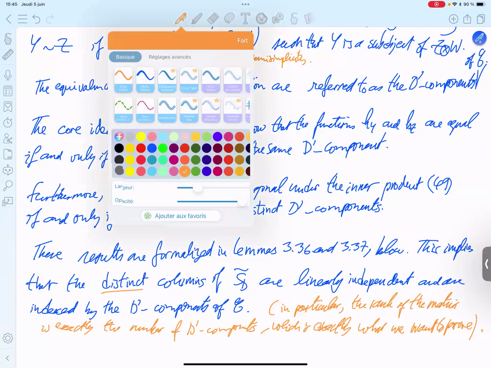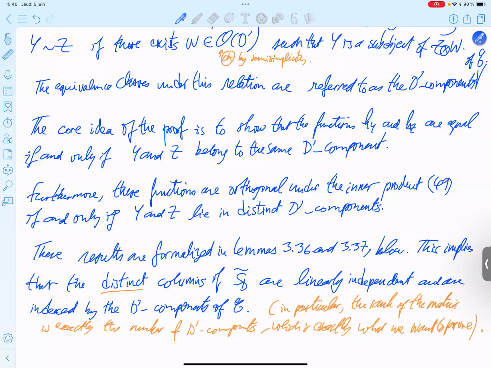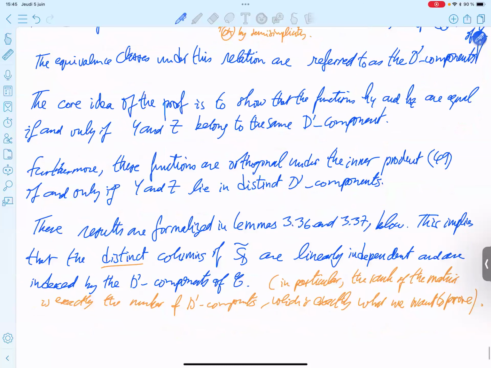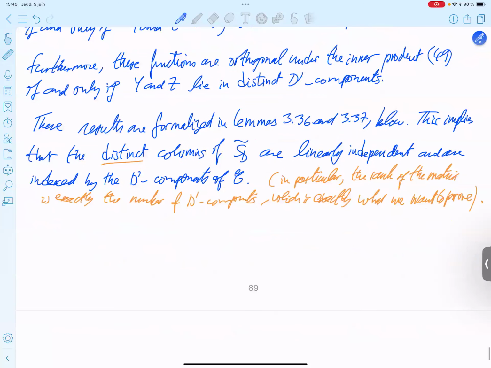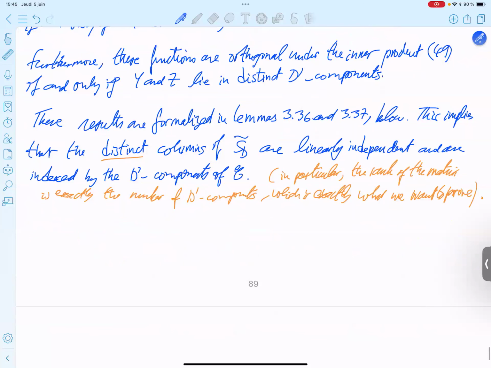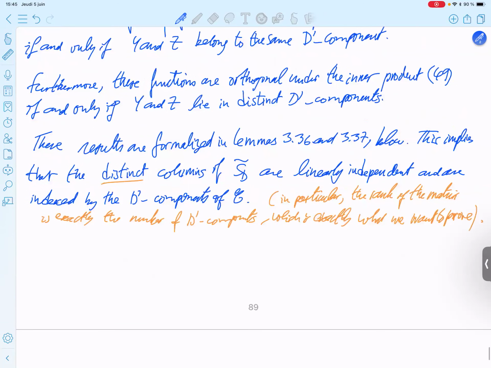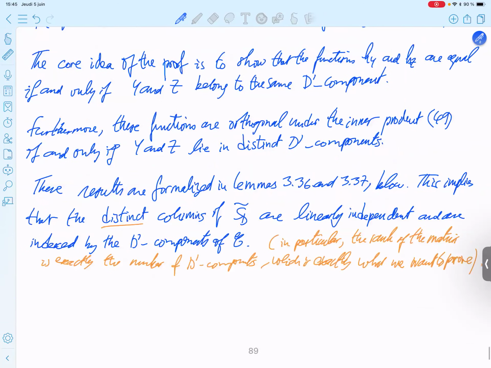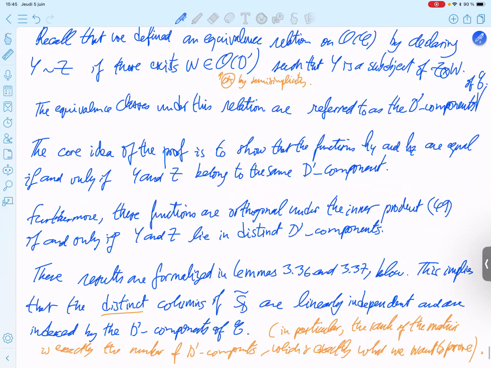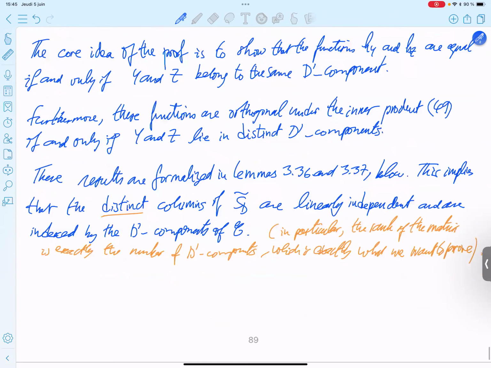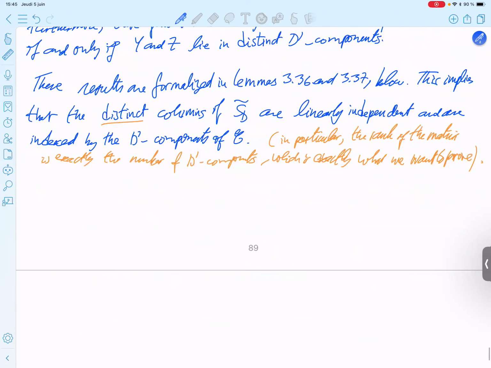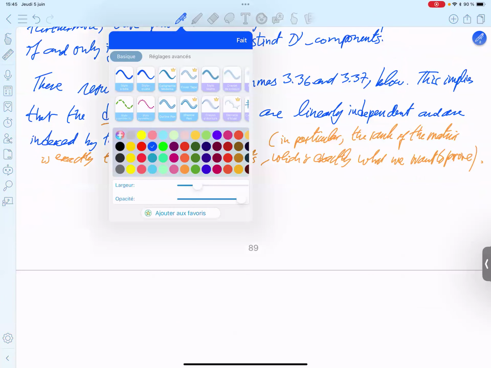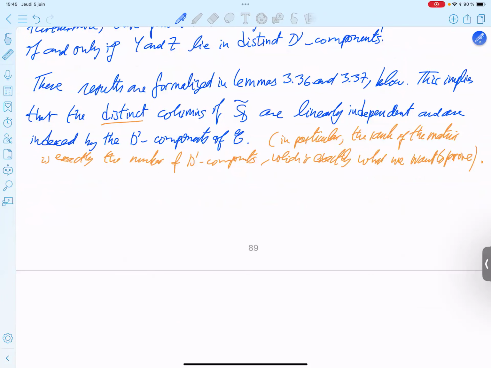Okay. So this was the idea of the proof. So now we will prove it in detail. I'm sorry, this sentence is really badly written.